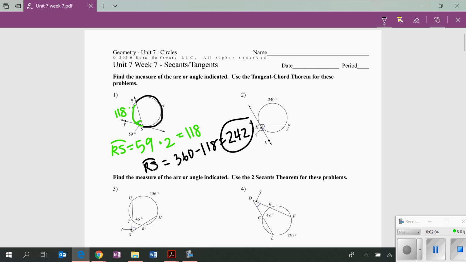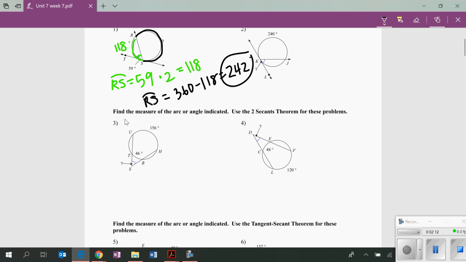Similar thing, but you're going to go a little backwards because you're going to be searching for this angle versus the arc measure. Okay, this next set of problems says we're going to use the 2 secants theorem. So locate your 2 secants theorem, and I'm going to solve for this angle S here.